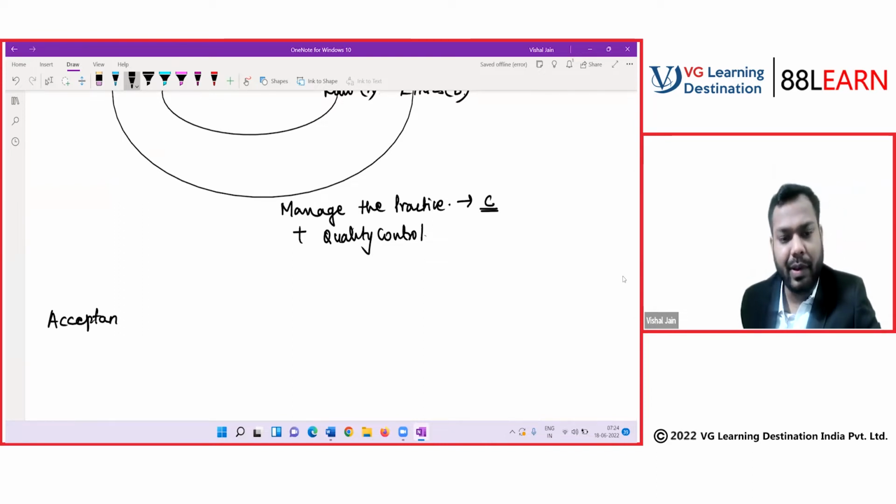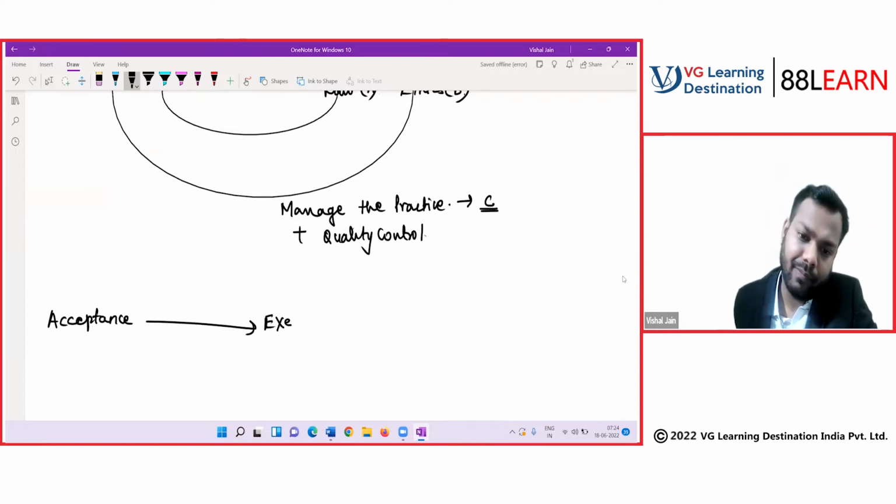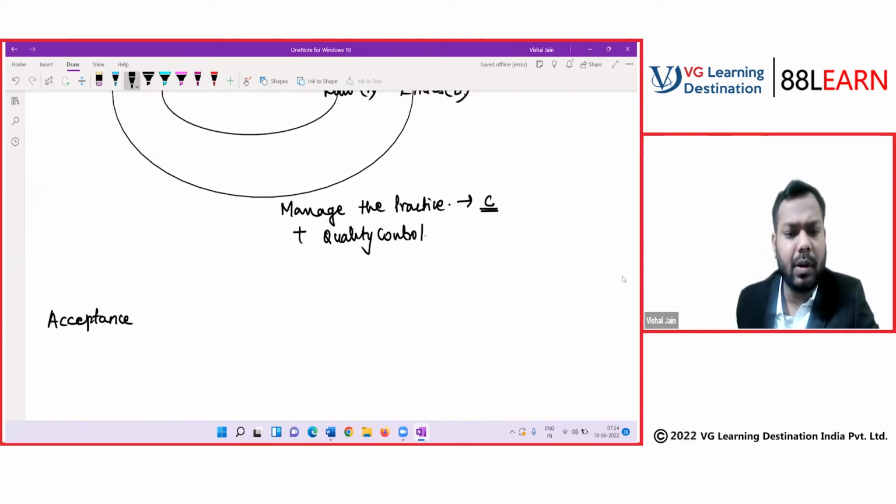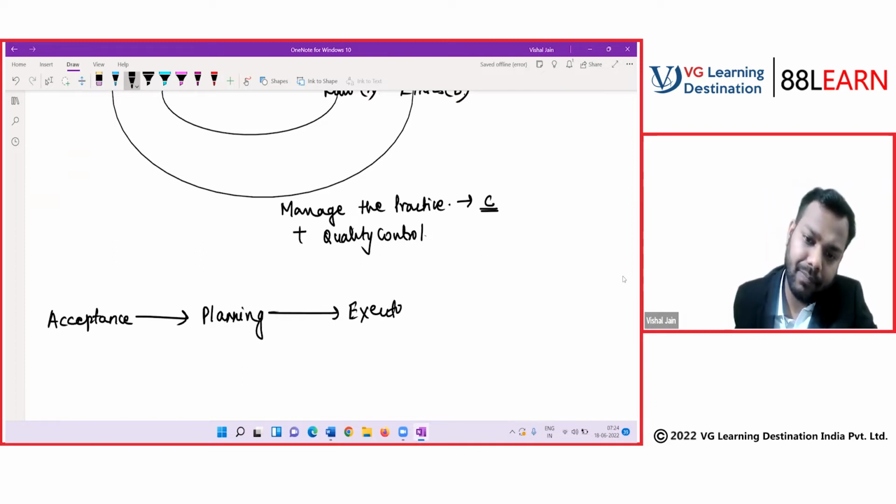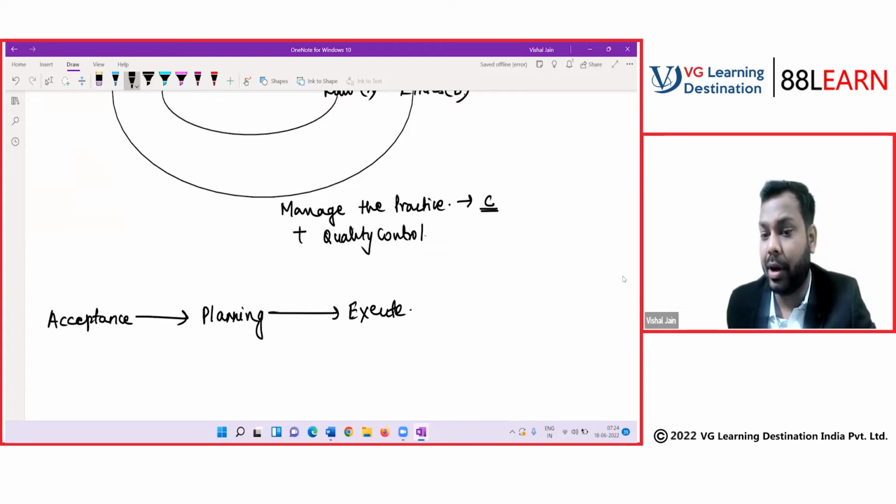The second phase is planning. You have to plan the audit, right? Once you plan the audit, you execute the audit, and once you execute the audit, you report it.